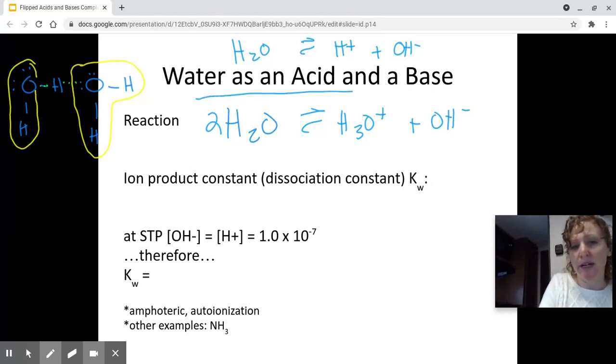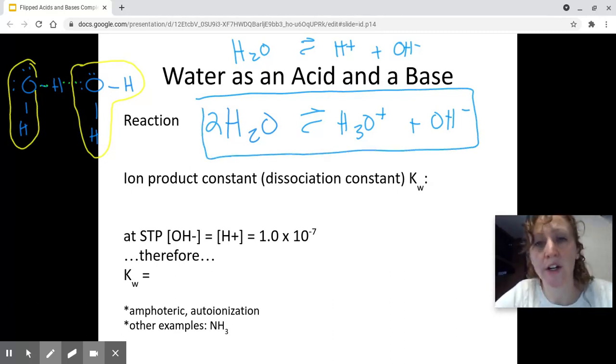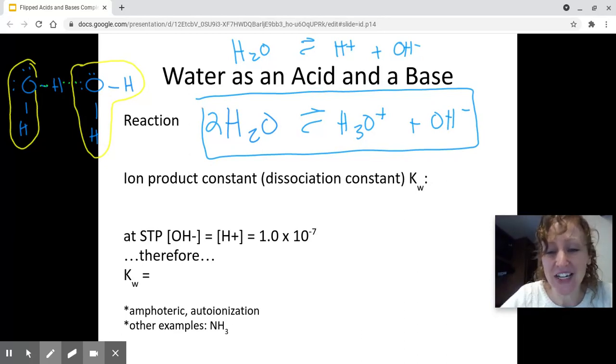It doesn't actually display what's going on, but it is a useful shorthand. Okay, so anyway, here is our reaction of when water reacts with water. And when water reacts with water, it forms ions. This is called the auto-ionization of water.